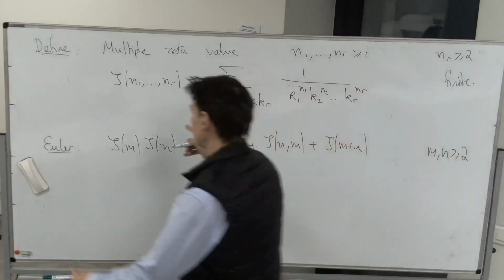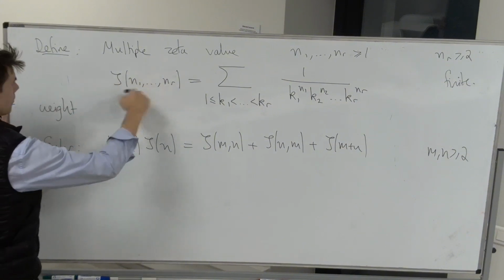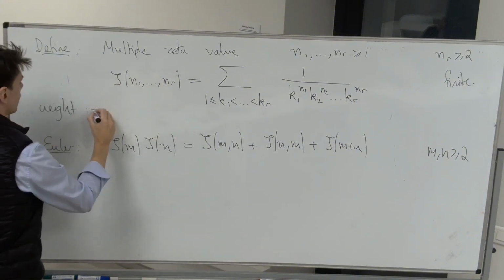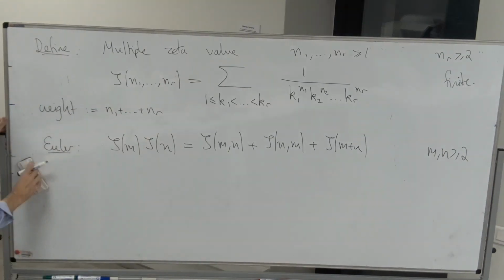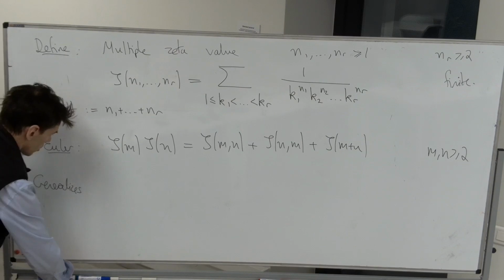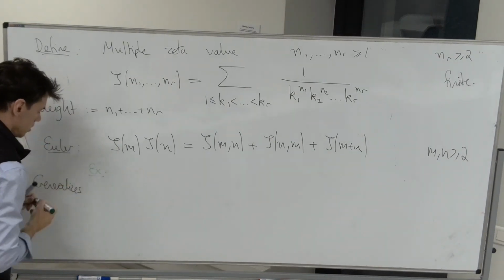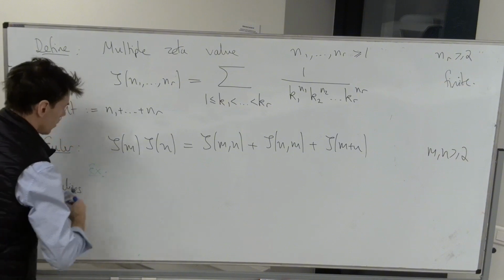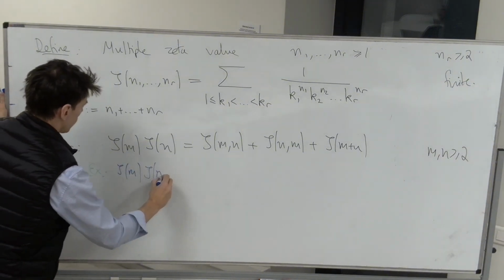One quantity I should call here is the weight. The weight of such a multiple zeta value is defined to be n1 plus up to nr. This formula of Euler's generalizes. So if you want an exercise, you can try and compute, find a formula for zeta m times zeta of n1, n2.